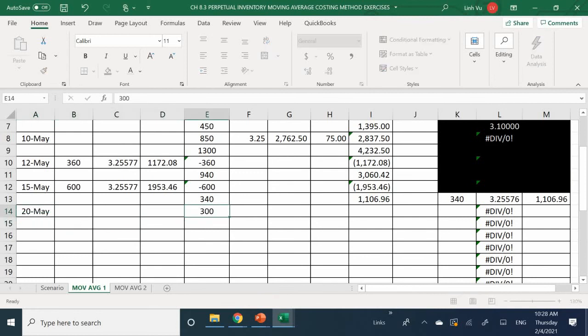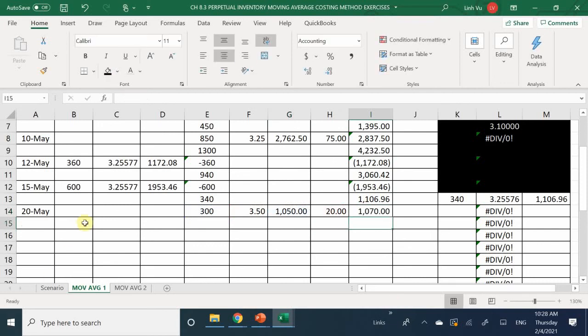We purchased 300 items at, was it $350 with a freight of $20? Yes. So what is my total purchase price here? 1050. 1070. And my total cost is $1070.